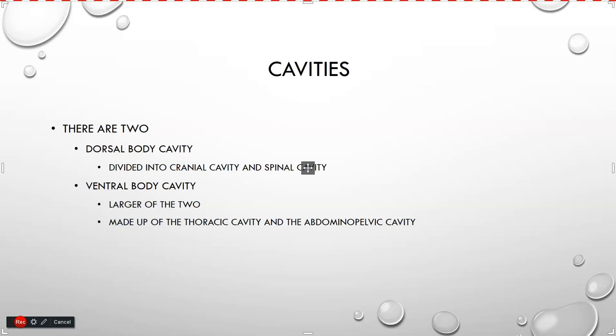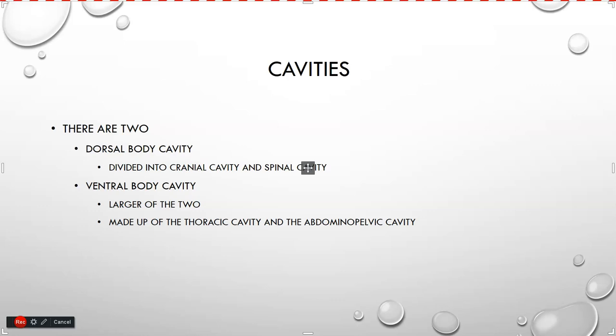So the first is the dorsal body cavity, and if you remember correctly, dorsal represents back. So the dorsal cavity contains the brain and the spinal cord. So there is a subdivision of the dorsal cavity. It is divided into the cranial cavity, which contains the brain, and the spinal cavity, which contains the spinal cord. And you will see here shortly in the picture that you can see the division between the two.